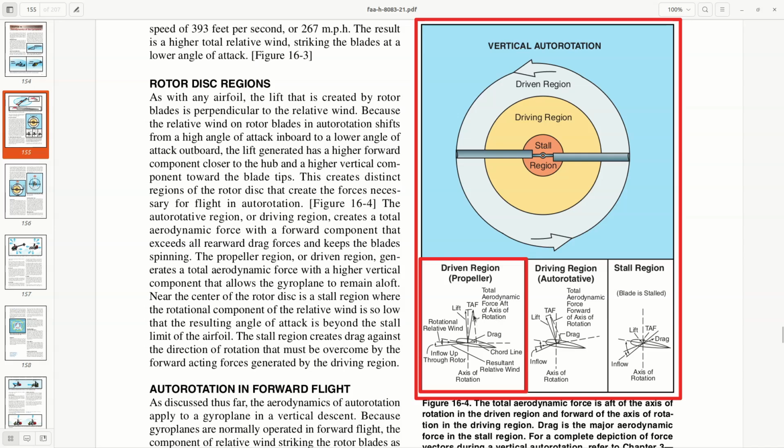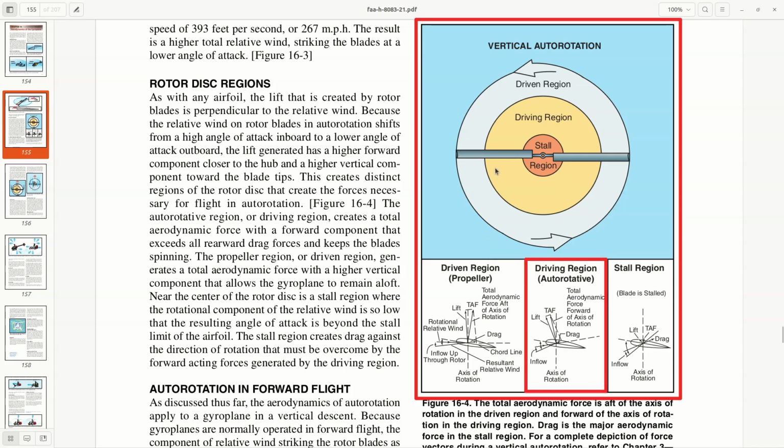As a result, some of that aerodynamic force is going to be lift, parallel to weight, and some of it is going to be drag. So this is going to resist the rotor turning. This is also sometimes called the propeller region because this is where you're getting most of the lift. This is what happens if we're falling straight down, which we can always do in a gyro. We'll talk about how it's slightly altered if you're going forward in flight, as you typically would be.